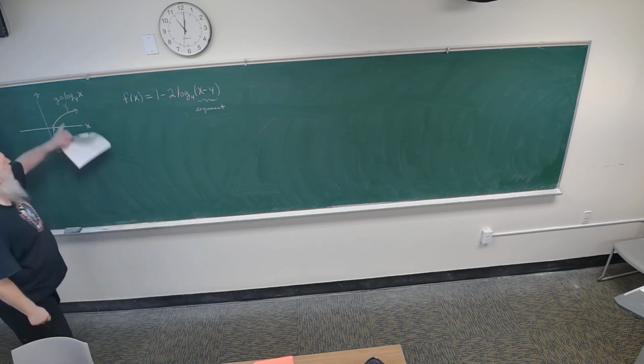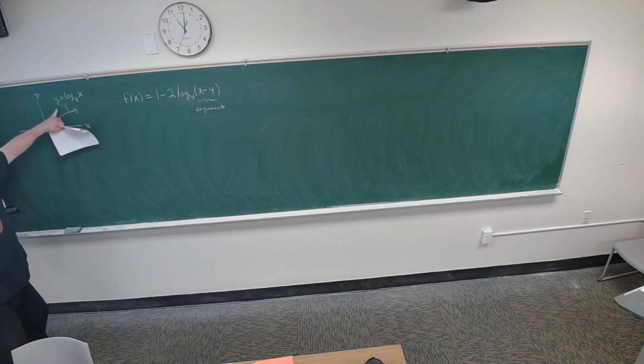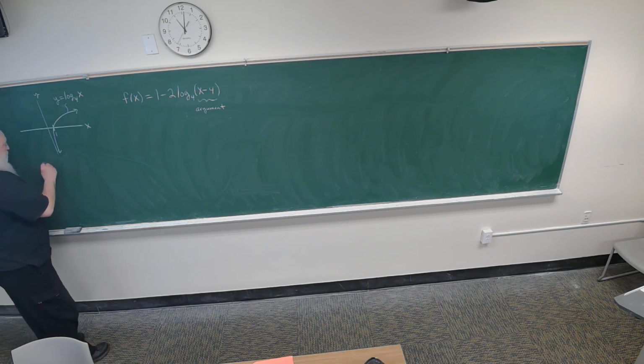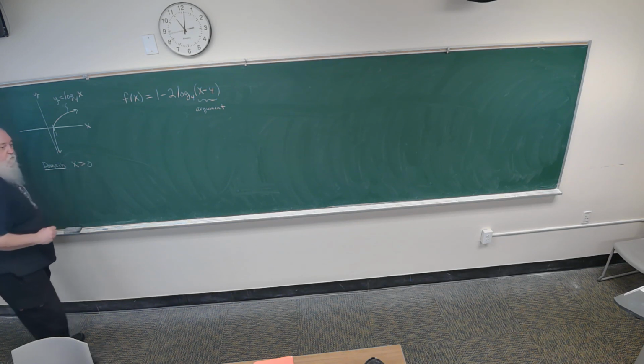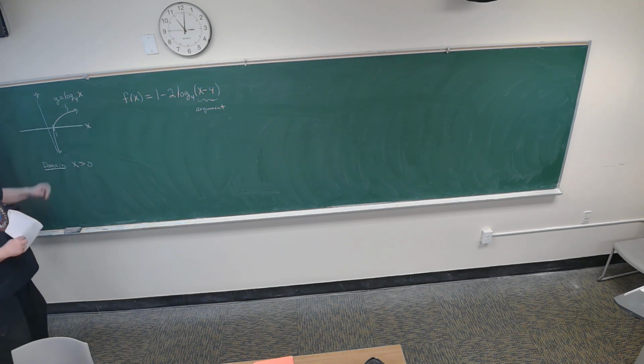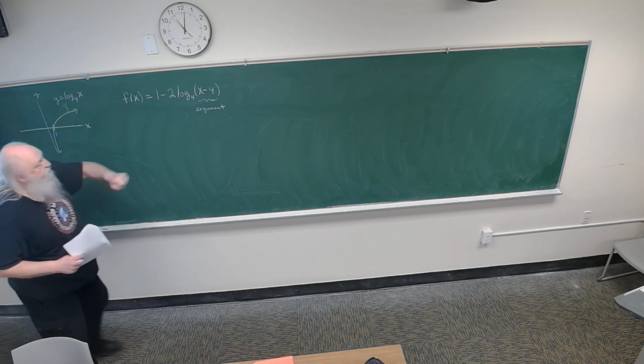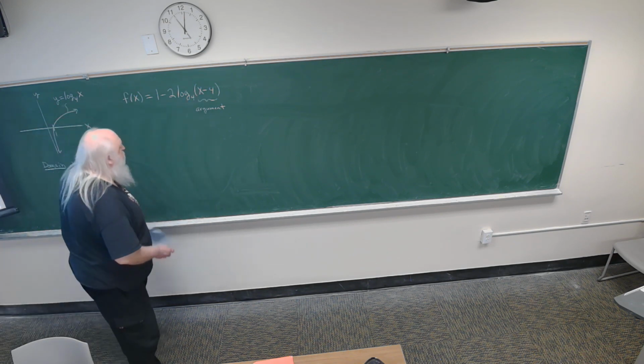And for our basic log function over here, log base 4 of x, we know the domain is x has to be greater than 0. You can't take the log of 0 and you can't take the log of a negative number. It's undefined.